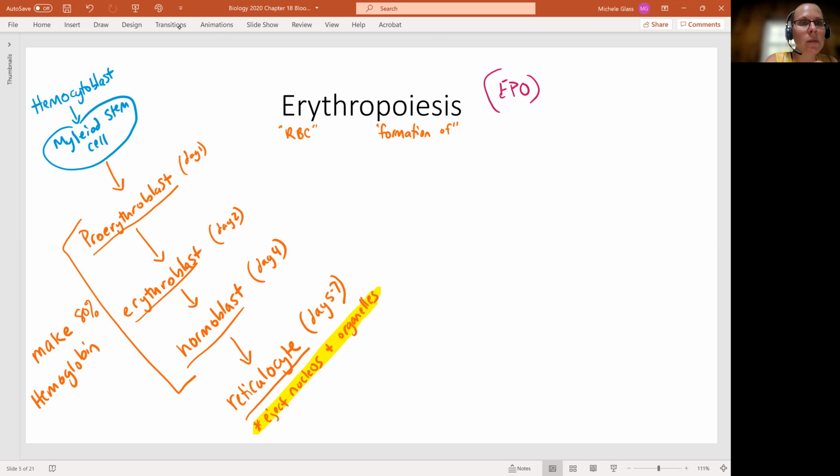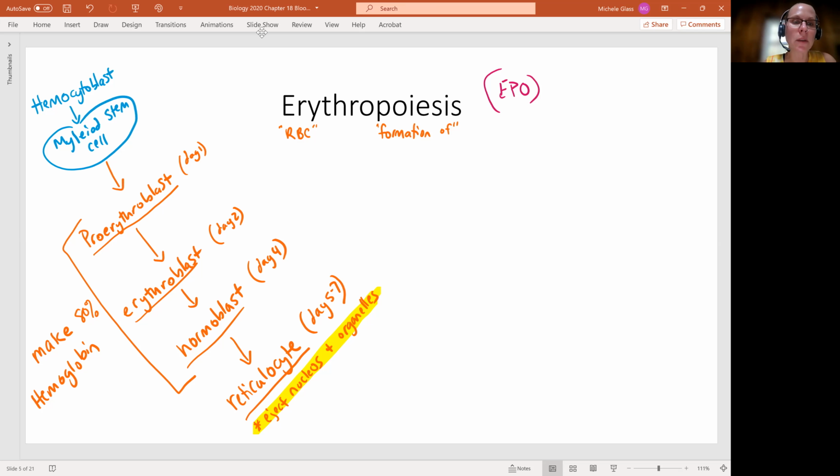And so we talked about, why are our formed elements called formed elements and not called cells? This is one of those reasons. When we look at a mature red blood cell, it has no nucleus, it has no endoplasmic reticulum, it has no mitochondria, it has no Golgi apparatus. And so what that means is it becomes very limited in its ability to make and repair proteins.